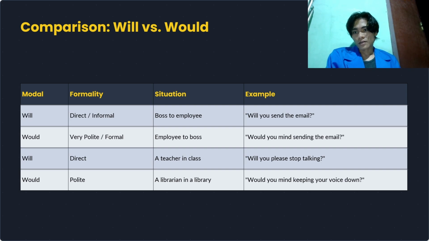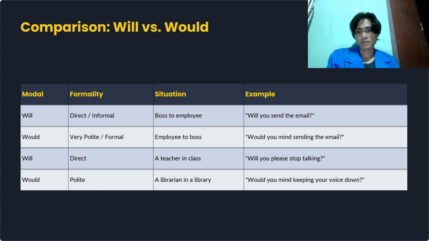Will is direct or informal. Would is used for being very polite and formal. The situation with will is like a boss to an employee, but would is the opposite, employees to a boss.